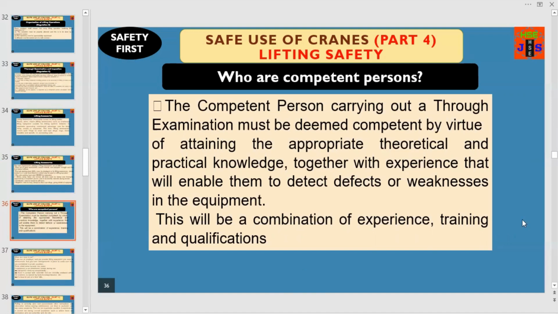Experience, training, and qualification requirements are different from country to country, area to area, project to project, and client to client. But in general, a competent person must be experienced, trained, and qualified.